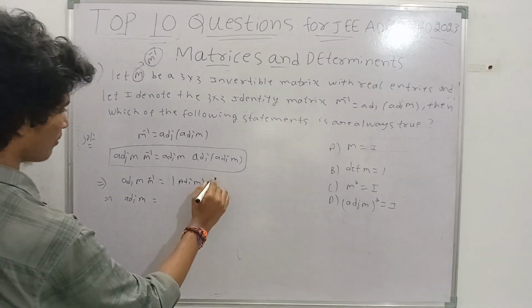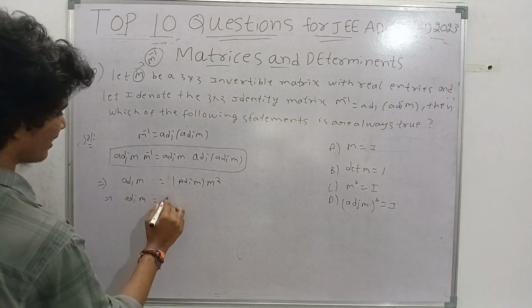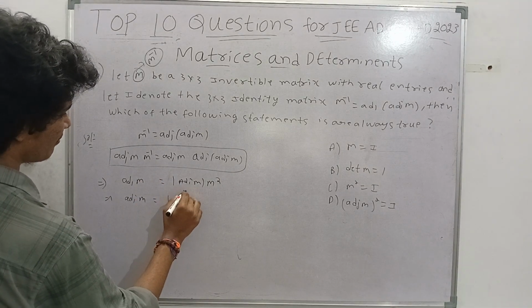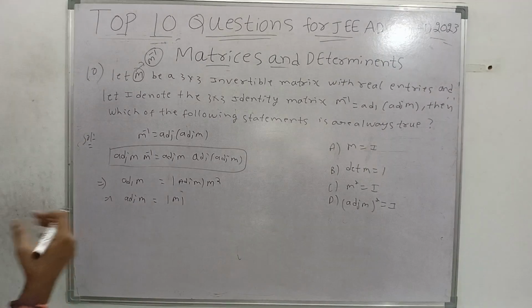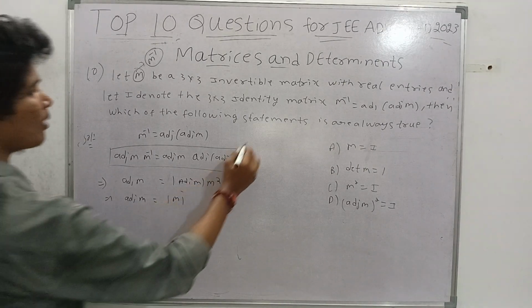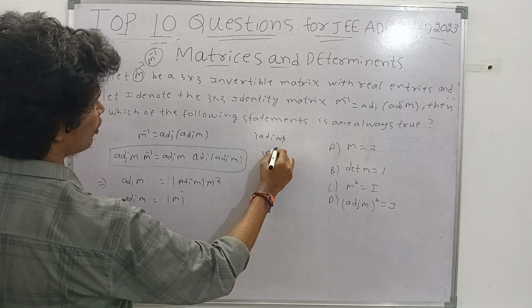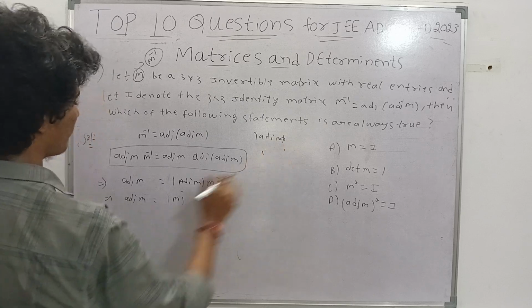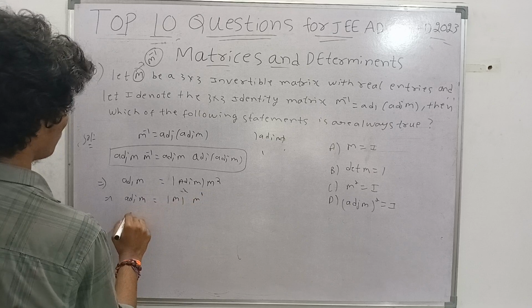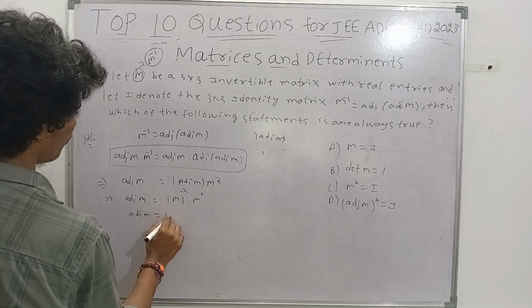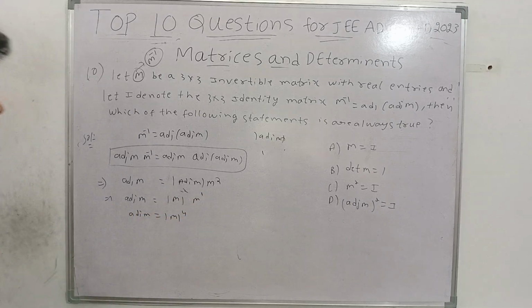I can multiply M into M, so it will be M square, and here it will be M power n minus 2, that is 3 minus n minus 1. What does the property say about the mod of adjoint M? It will be mod M whole power n minus 1, so it will be square into M square. Adjoint M equal to mod M whole power 4.